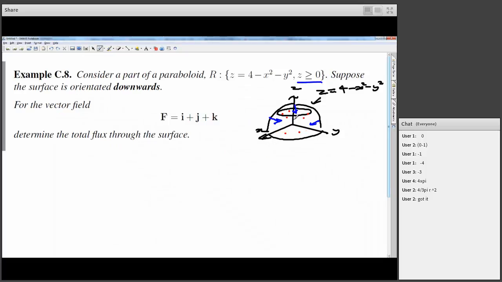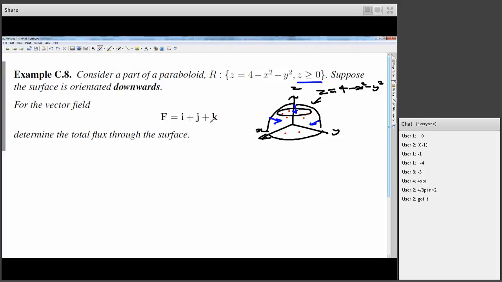So I want to work out the total flux through the surface. On the far side of the paraboloid, some of it is going in the same direction as the normal. On this side, some of it is going in the opposite direction, and they'll cancel out. So we're looking at the net flux. It may not be immediately clear what the answer is intuitively because of the cancellation.